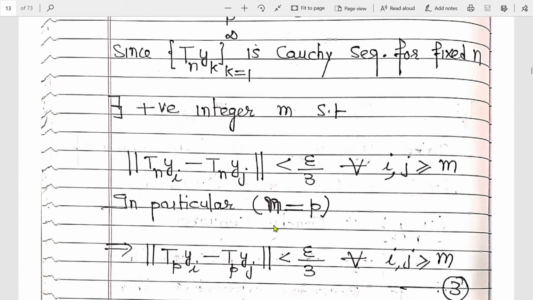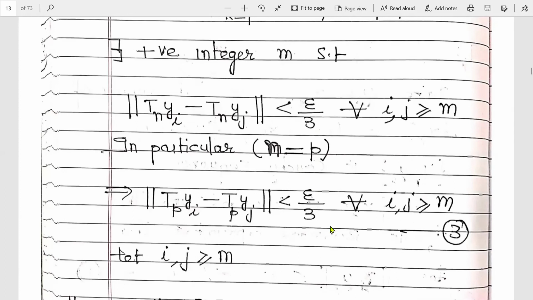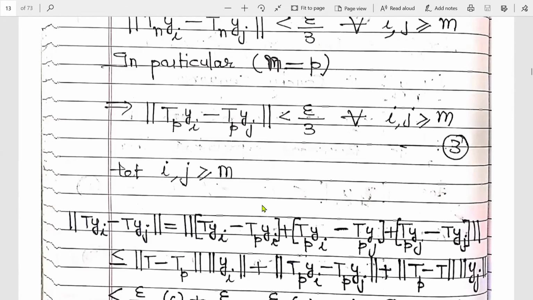Again, we take in particular n equal to p. So this condition is again satisfied for p. Let i and j be integers greater than or equal to m.